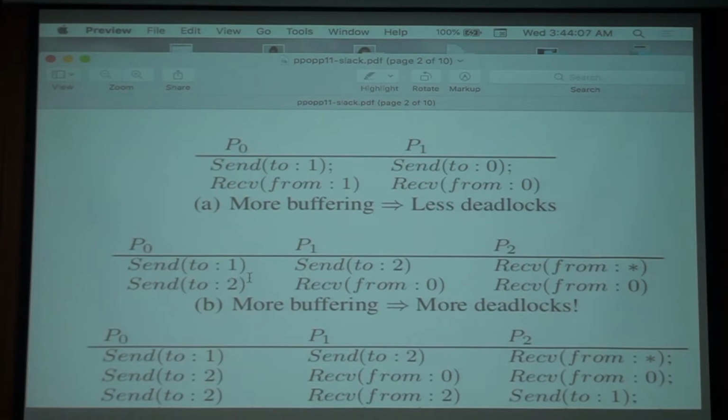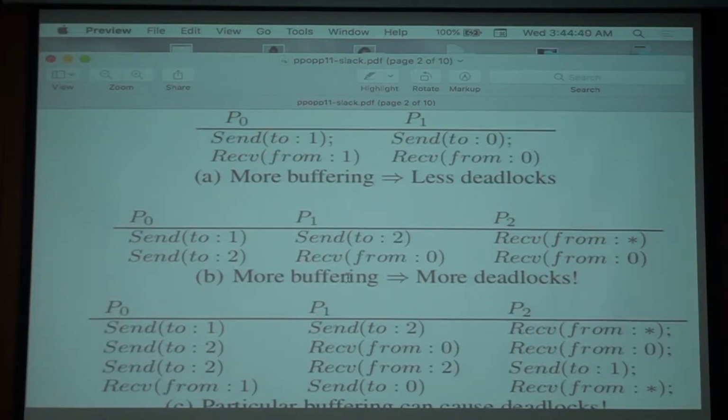We showed an example where by adding more buffering to the system, meaning allowing the system to absorb your message and keep it pulled away from you, you get more progress. Generally sends and receives like to progress as much as they can. If you provide system-level buffering, a send can issue, copy into the system buffer and move ahead. So the general assumption is that the more buffering you add, the more progress and fewer deadlocks.